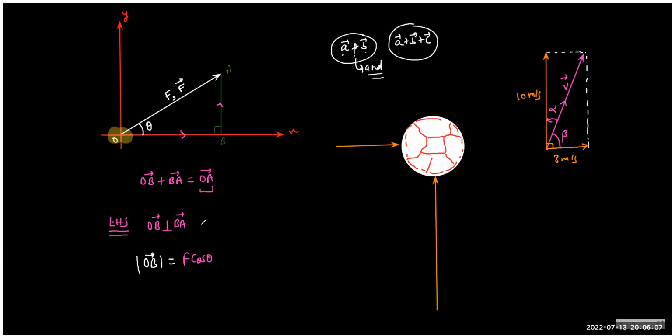So what is the angular distance of the F from the y-axis? 90 minus theta. Exactly. So to know the component of a force along the y-axis, you have to take cos of which angle? 90 minus theta.